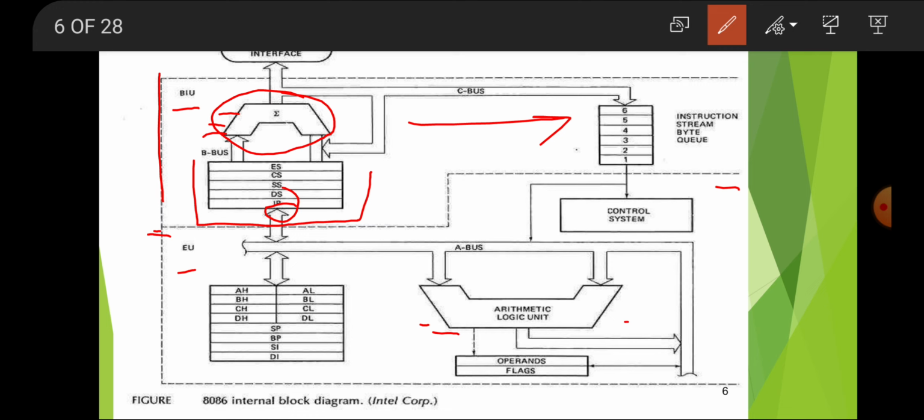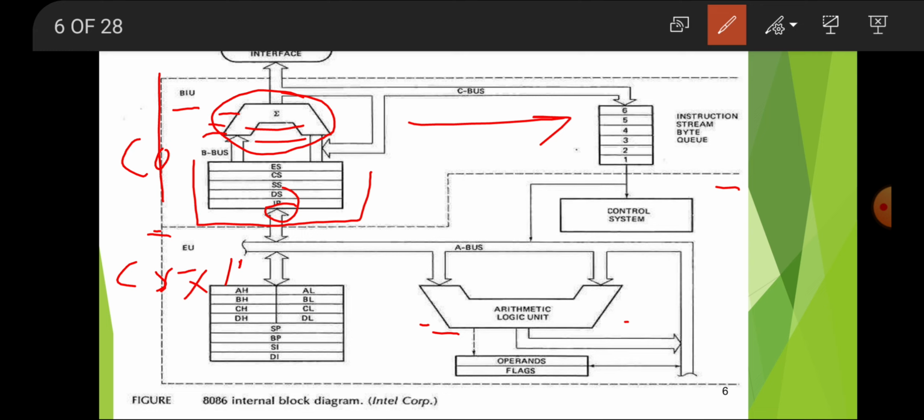It takes the address of the code segment, multiplies it by 10 hexa, and adds the instruction pointer address. Keep this in mind: code segment times 10H plus instruction pointer.